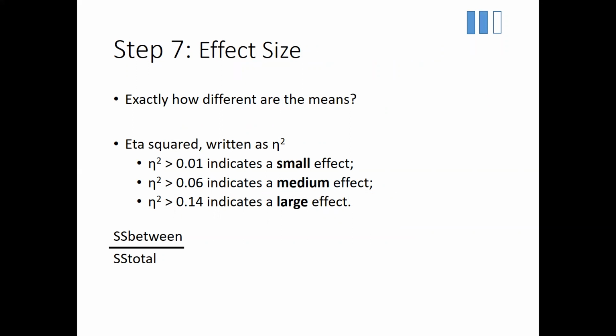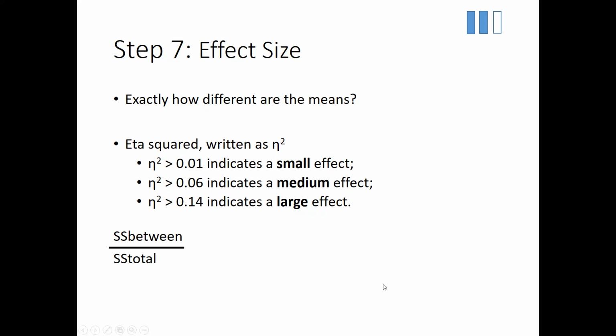These are the parameters for eta that are generally accepted. Greater than 0.01 but less than 0.06 is considered small. Between 0.06 and 0.14, medium, and greater than 0.14 is considered a large effect.